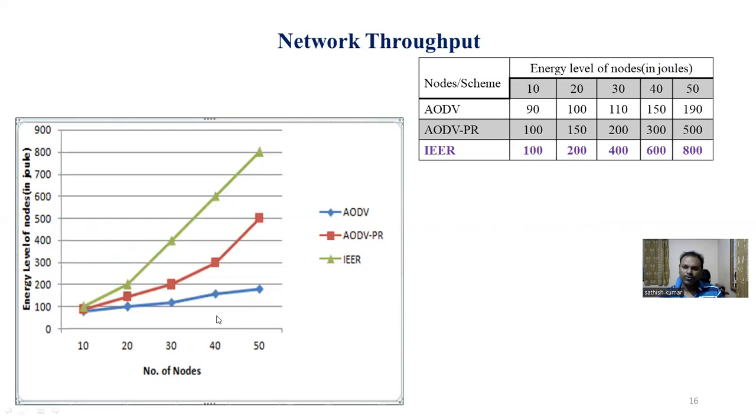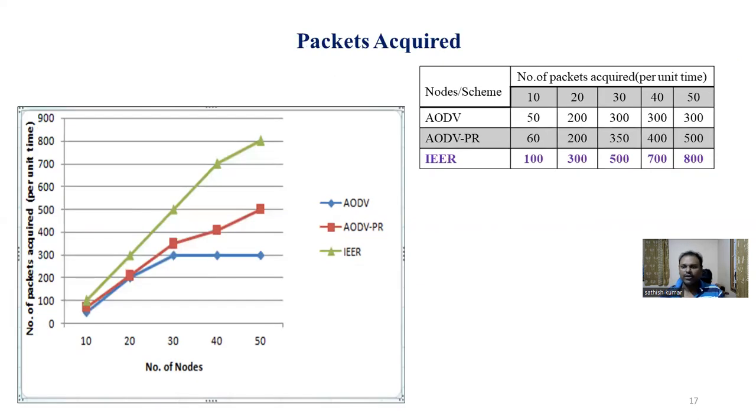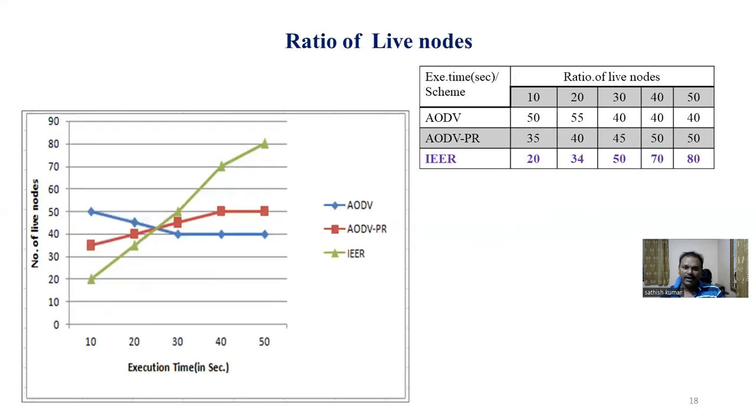Next is network throughput, where we also achieved better results, along with the energy levels of nodes in joules. Next is packets acquired. Compared to AODV and AODV-PR, we achieved packet delivery in the right time. The ratio of dead nodes is also minimal compared to the other schemes.